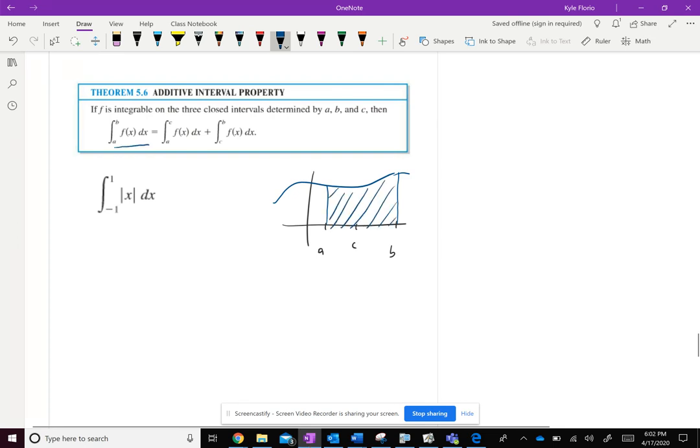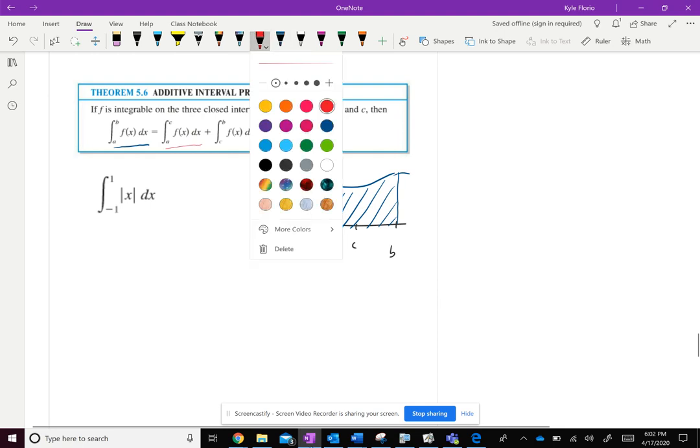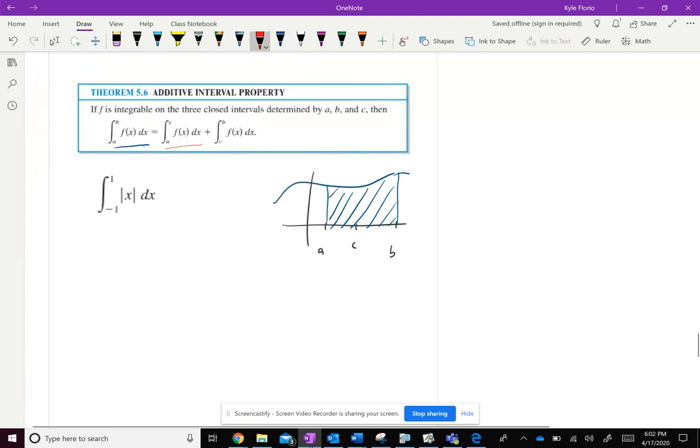That would be the same thing as taking the area from a to c and adding that with the area from c to b. So if I take the red area and the green area and add it up, it gives me the entire blue area. That makes sense when it's drawn out. Maybe it's a little more confusing in the theorem box, but that's all that it's saying: if I have the integral over a whole interval, I can break it up into 2 pieces and just add those 2 pieces together.